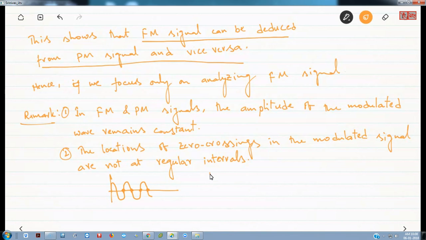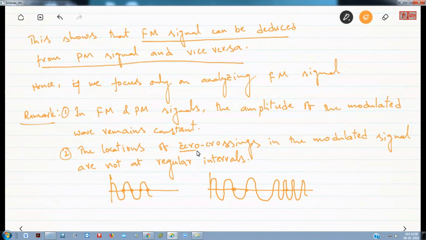But in frequency modulated wave, the frequency keeps changing. So the frequency increases, so the zero crossings here are far apart in time. The zero crossings here are very close in time, right?